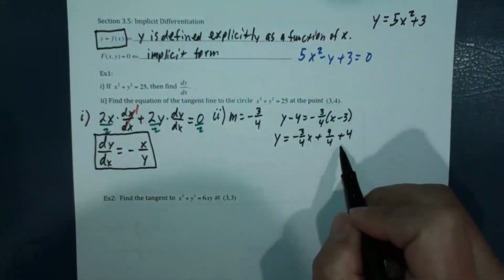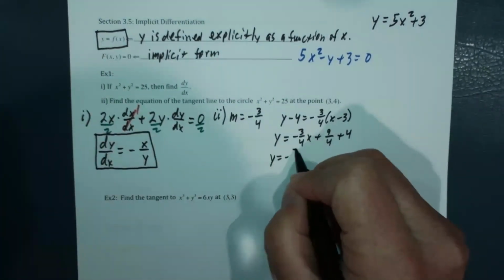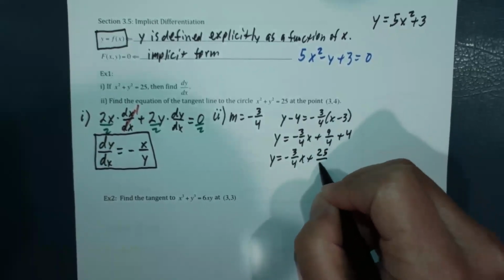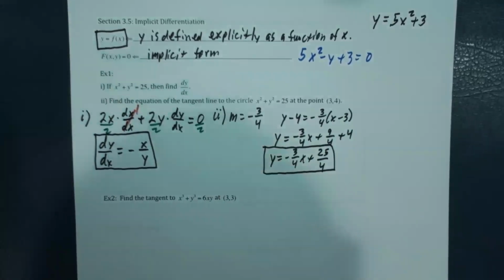And getting a common denominator, that's going to turn that into a 16 over 4. 16 plus 9 is... There is our equation of the tangent line, specifically at the point 3, 4.